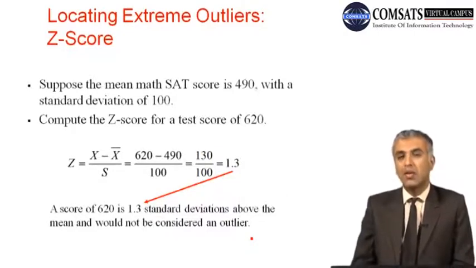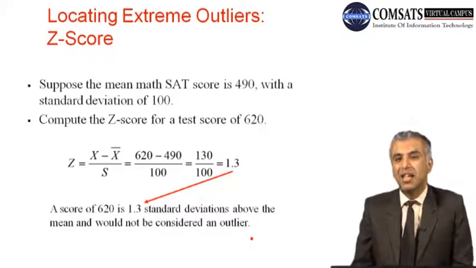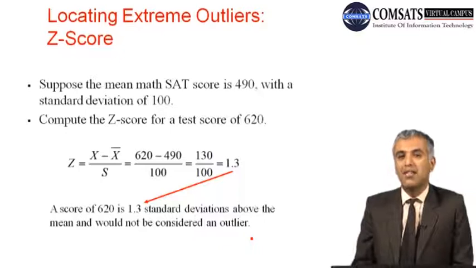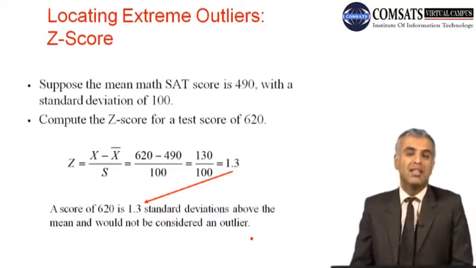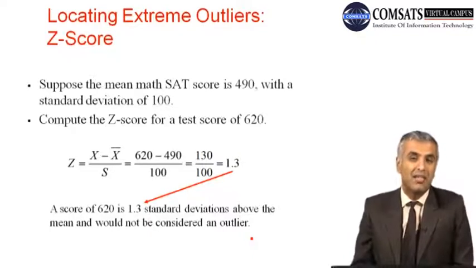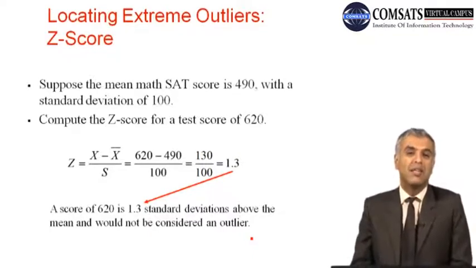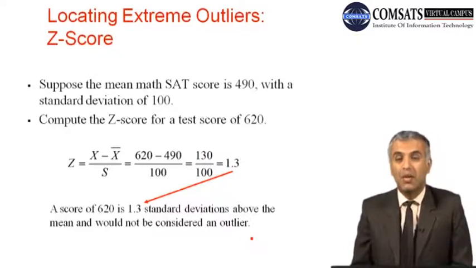Then Z-score calculation also helps us identify the outlier value immediately, because all what we have to do is try to find out the Z-score of that value, and we can come to know instantaneously whether that value is an outlier or not.